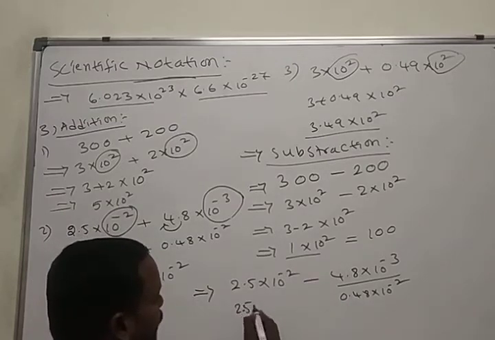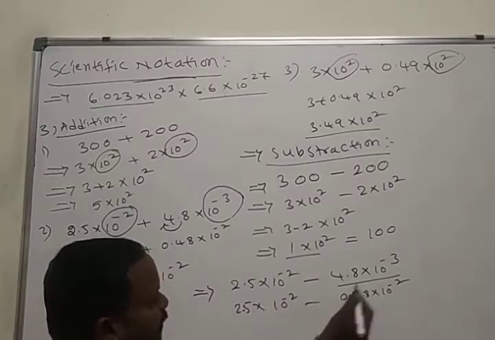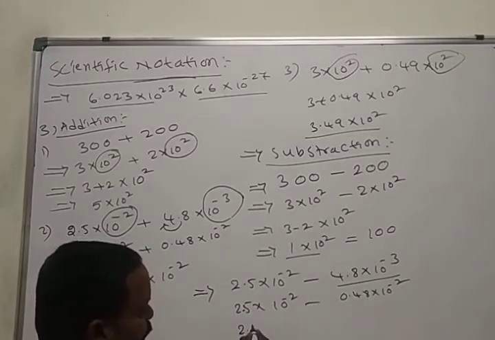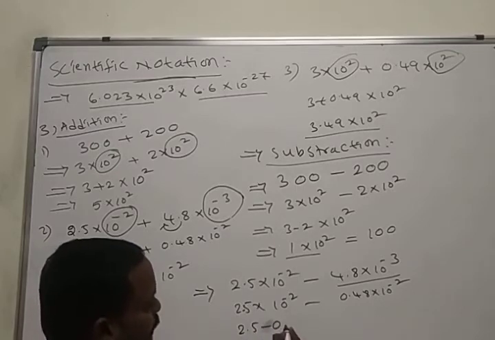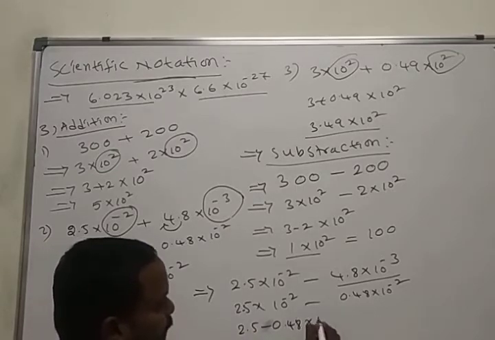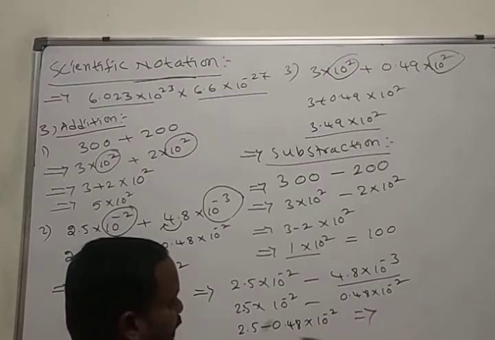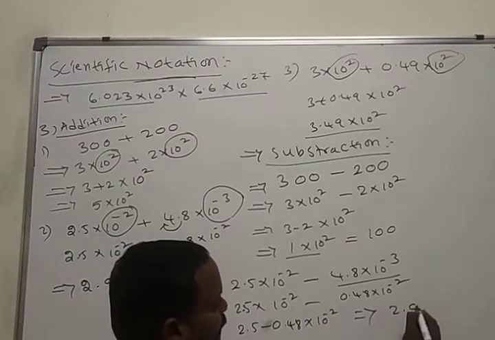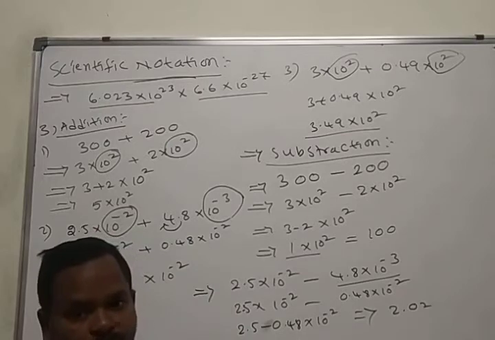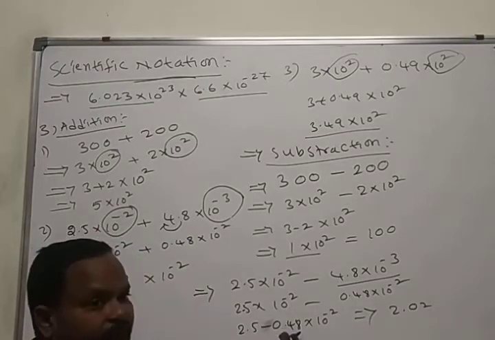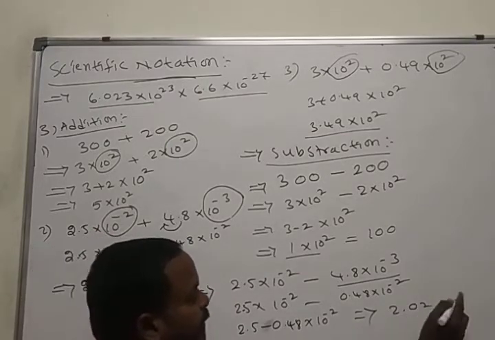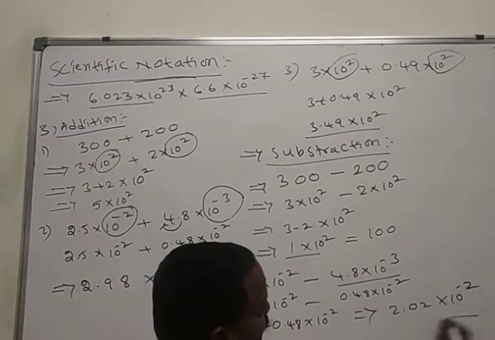Here 2.5 into 10 to the power of minus 2. Then what is the value? 2.5 minus 0.48 into 10 to the power of minus 2. 2.5 minus 0.48 means 2.02 into 10 to the power of minus 2.